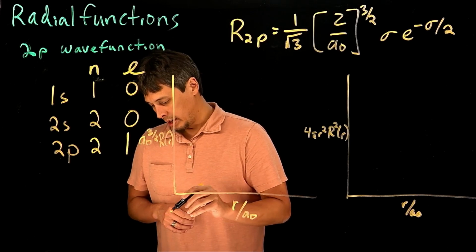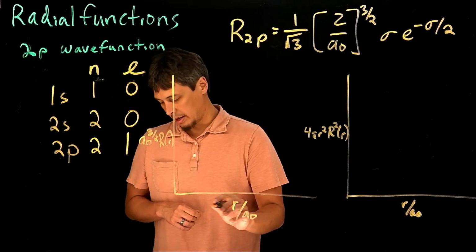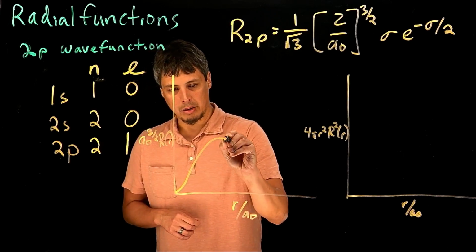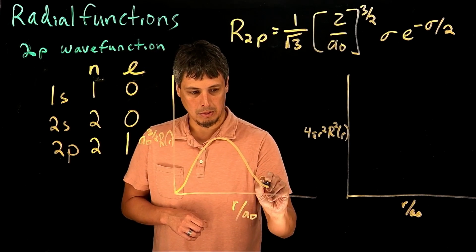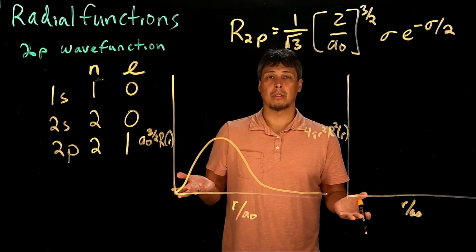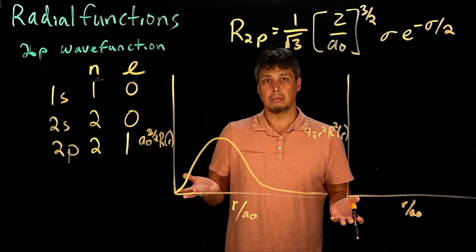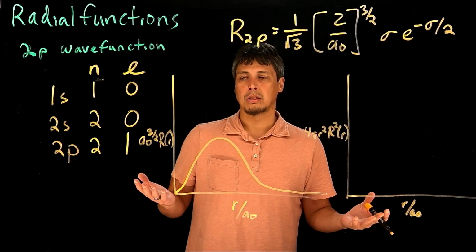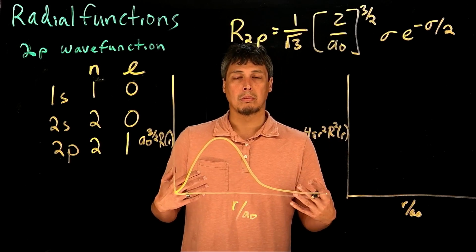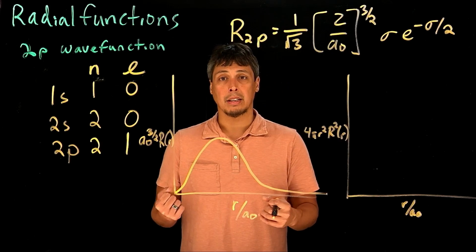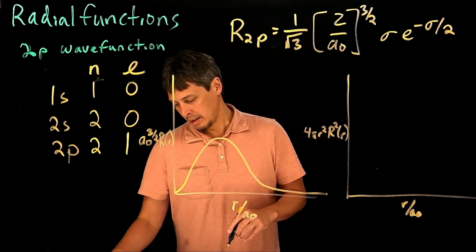And so if we draw this wave function, what this looks like is a little bit wider than the other ones, as far as the peak. And again, we see no nodes, no crossing points of the x-axis in this figure.